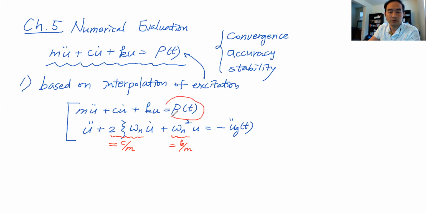Then this P of t divided by m is going to be equal to this. So from there, P of t, the excitation, can be expressed as negative m times u double dot g.